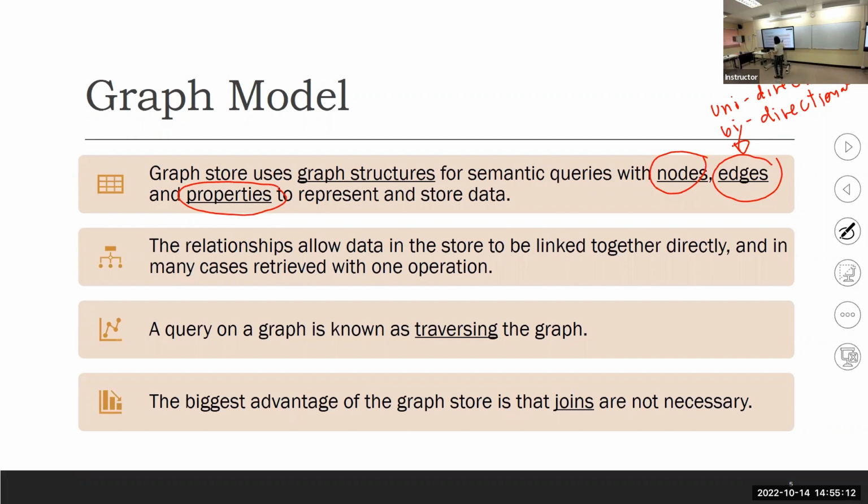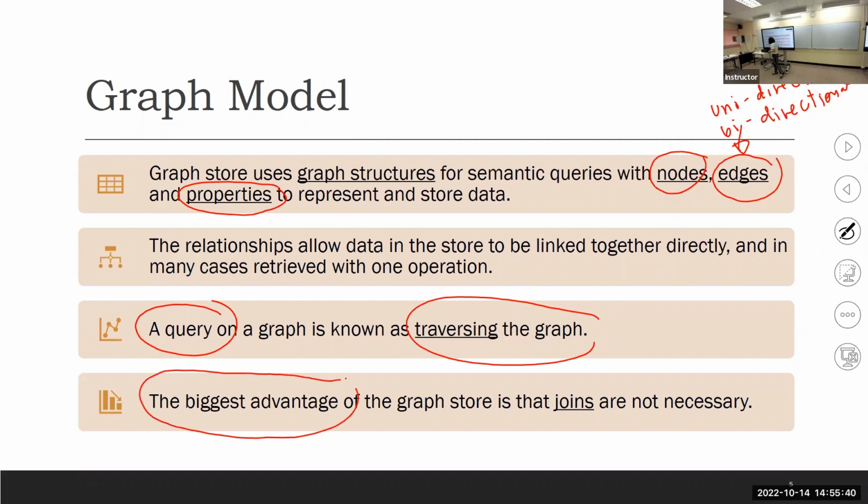And a query as well as operation on a graph basically are based on graph traversal algorithms, in which you are traversing on the graph. And the very biggest advantage of a graph model is that it's very intuitive.